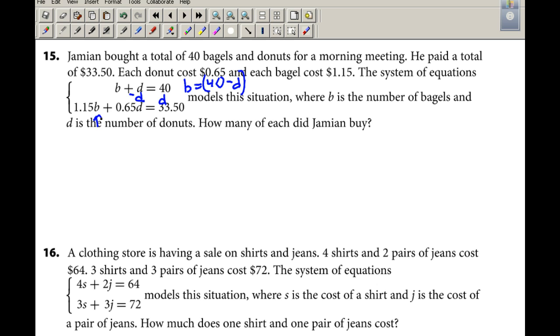But it's up to you. Either method is going to be just as much work, but experiment with both and see which one you prefer. And when I say which one you prefer, it means which one gives you the right answer easier.